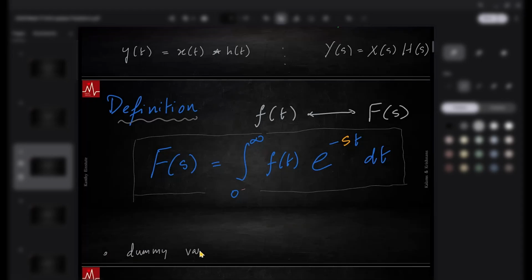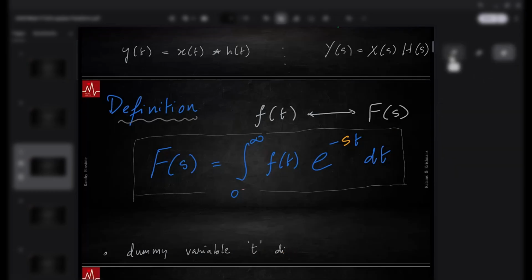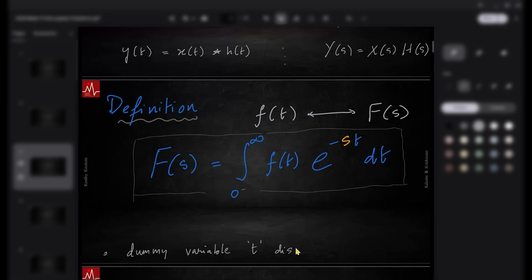The dummy variable disappears upon integration. You get a new variable. This is point number one.